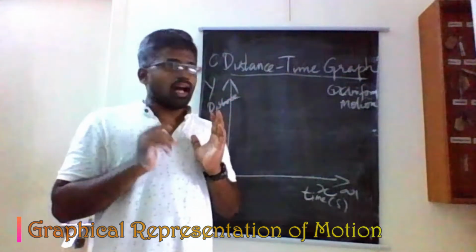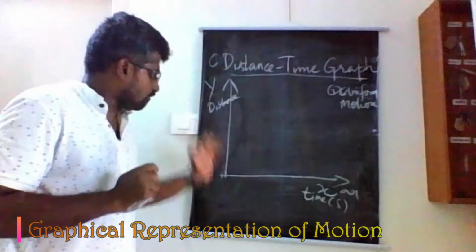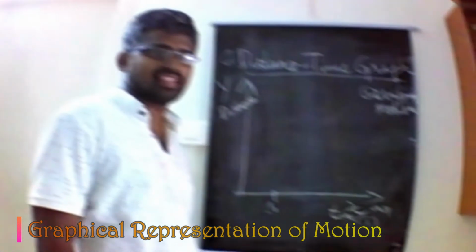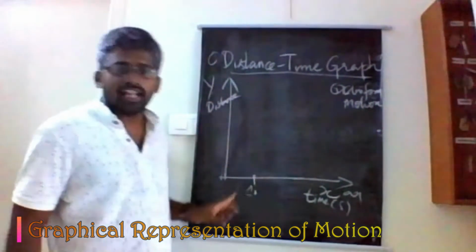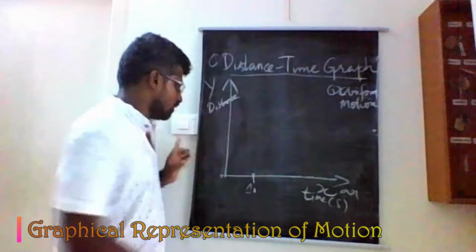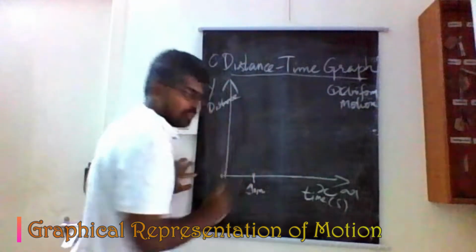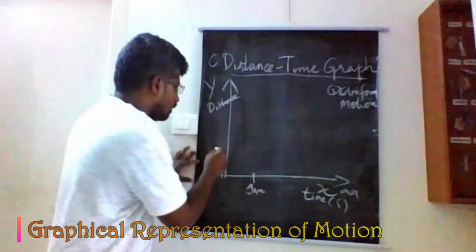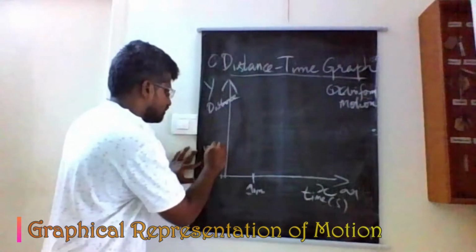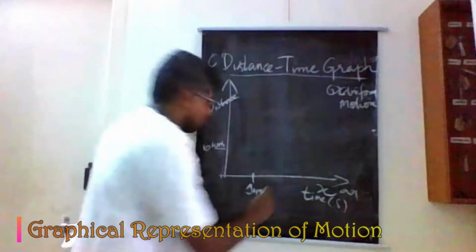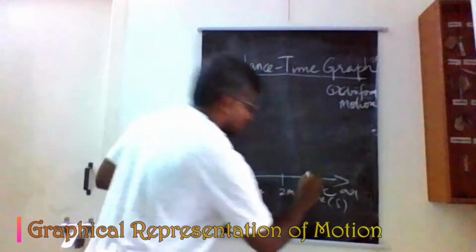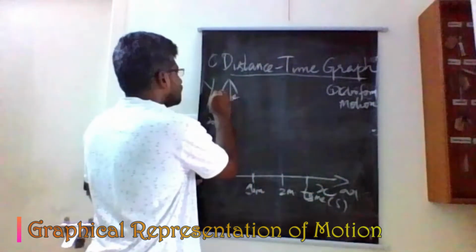For example, the x-axis is time. For 1 minute, my vehicle covers 10 kilometers. For 2 minutes, it covers 20 kilometers. For 3 minutes, it covers 30 kilometers.